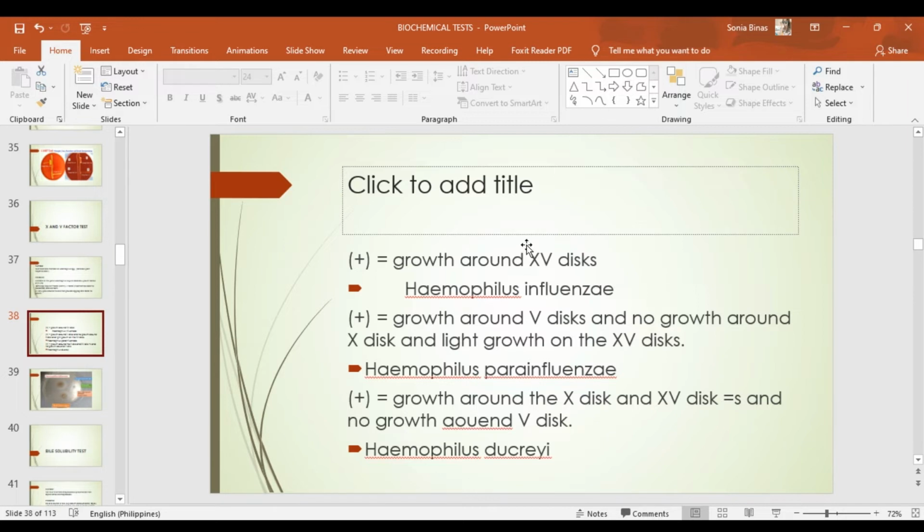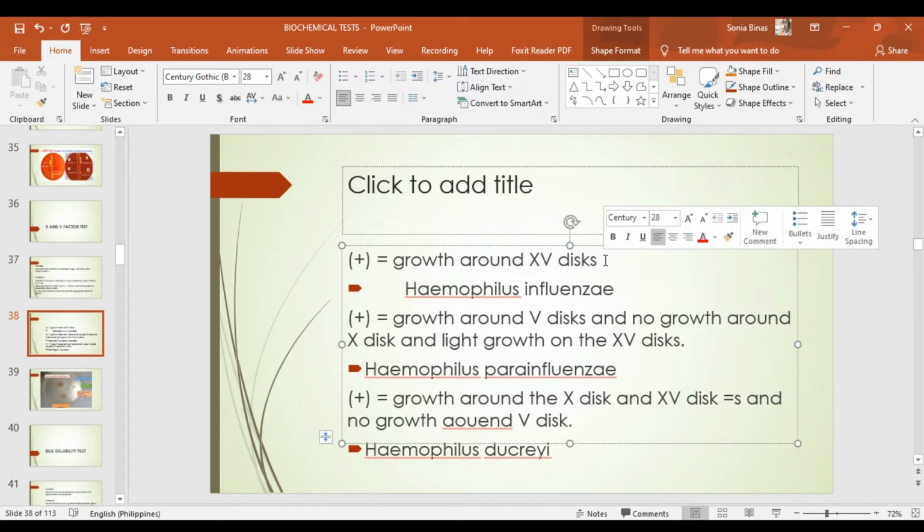So, ito yung mga discs o requirement ng ating organisms. So, kapag meron siyang growth or positive siya sa ating X and V disc or XV discs, it might be our Haemophilus influenzae.